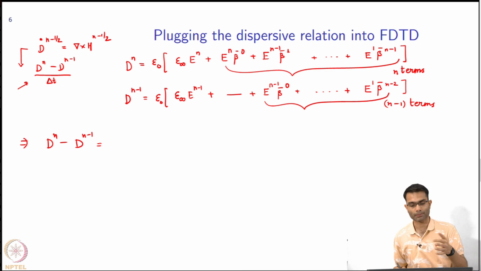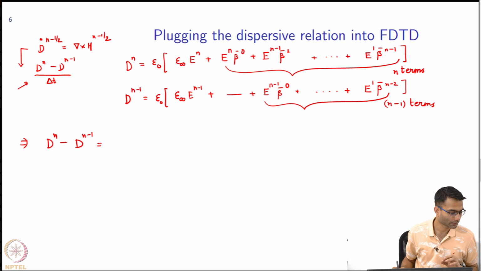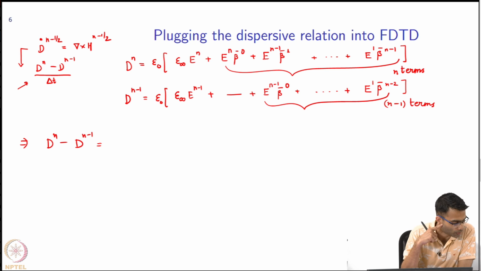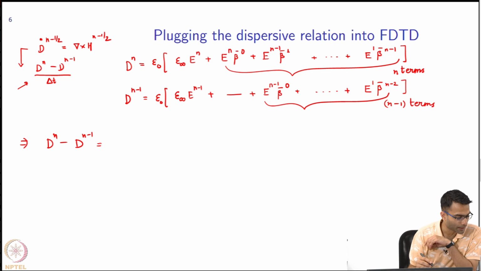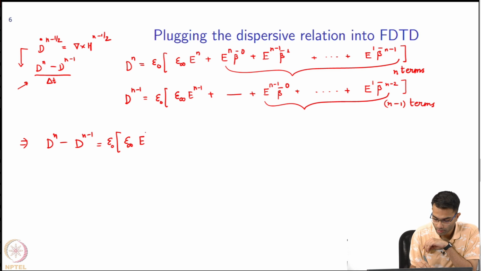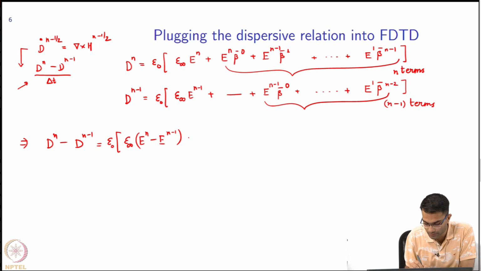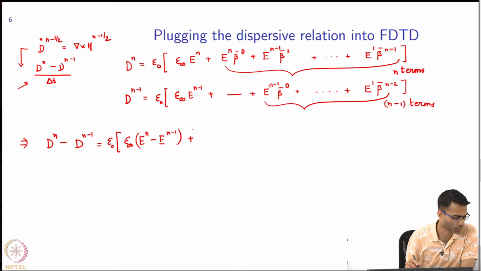So, we should do this subtraction a little bit intelligently. So, what would make sense is to deal with these epsilon infinity terms first and then get to the summation. So, there is epsilon infinity E n minus 1, no contest about that. Then there is one term who has no one to be with.